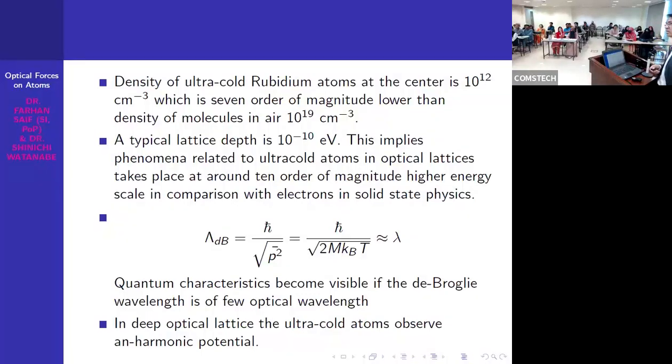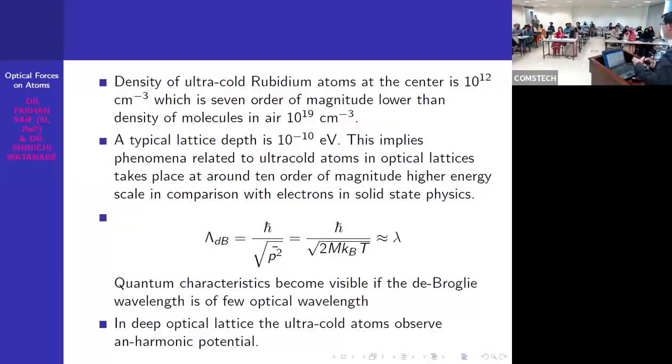And the second thing is that this lattice depth in which we have confined these atoms is of the order of 10 raised to minus 10 electron volt. So this potential depth is making the energy scale 10 orders of magnitude higher than what we see in the case of an electron in a conventional crystal.